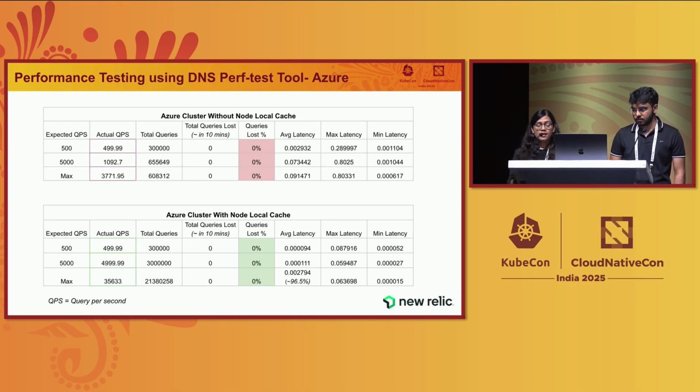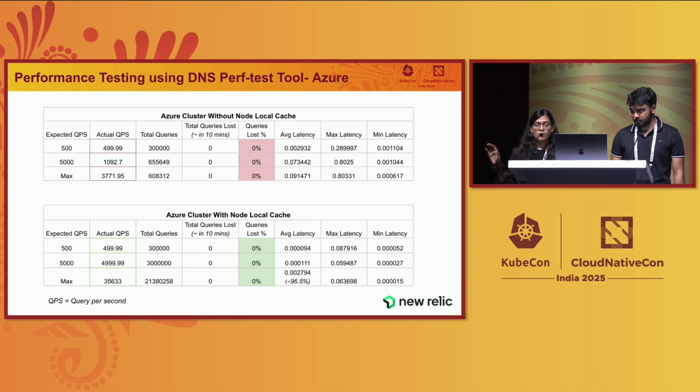Now let's see the second slide for the testing, which shows the results for the Azure cluster using the same DNS perf test tool. Here also, we tested under the three scenarios: 500, 5000, and maximum QPS levels. Now, you can see that in both the tables, the query loss percentage is 0.